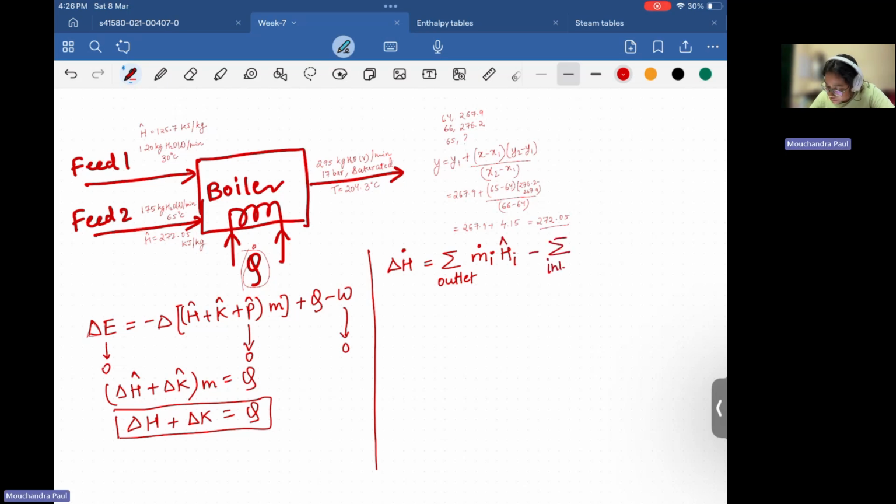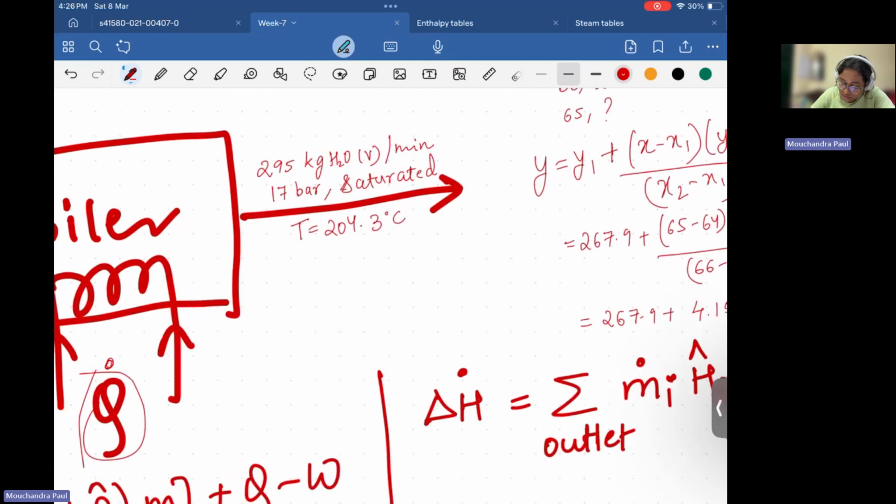I hope you are able to make sense out of this expression that I'm writing. For the different components that are involved, i represents how many components are there in outlet and how many components are there in inlet.